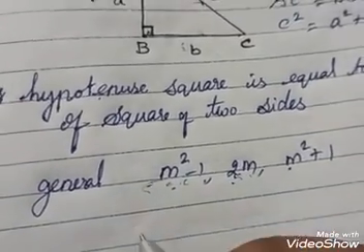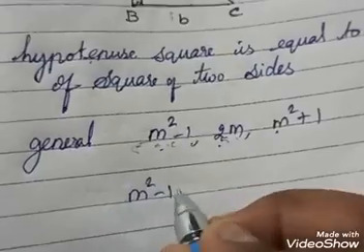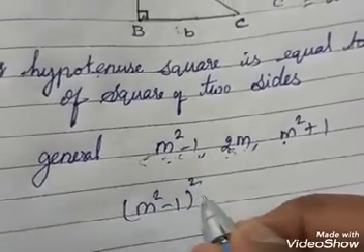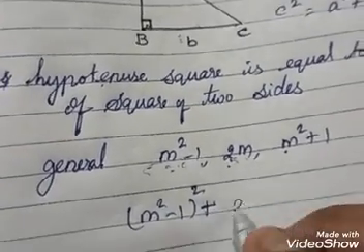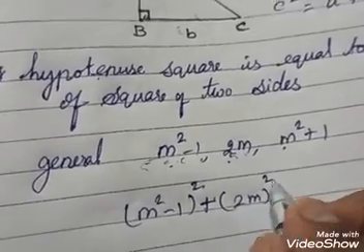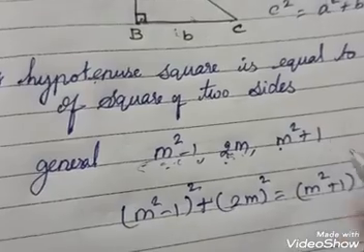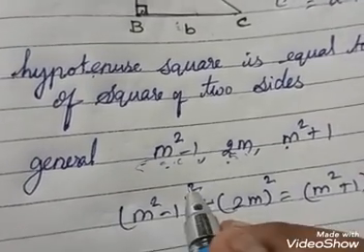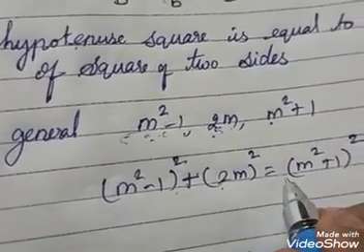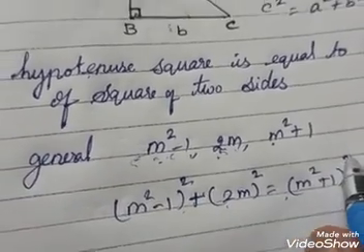So that's why we can take m square minus 1 whole square plus 2m whole square, which is equal to m square plus 1 the whole square. So the sum of the squares of two sides is equal to the hypotenuse square.